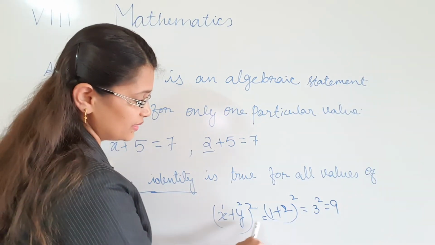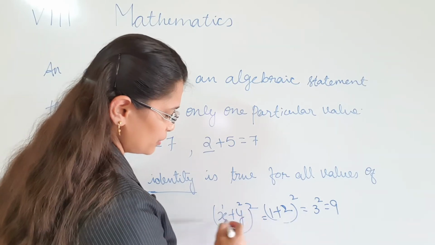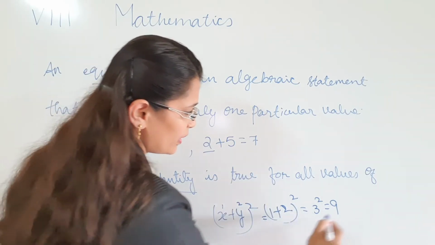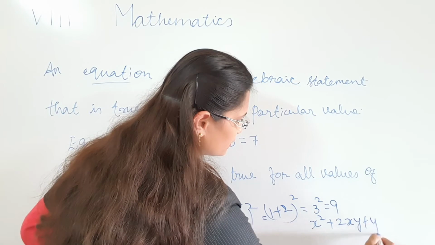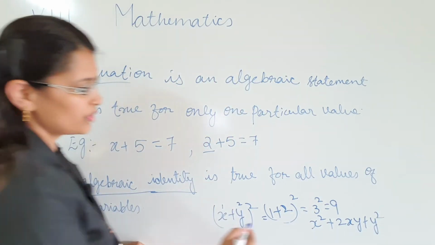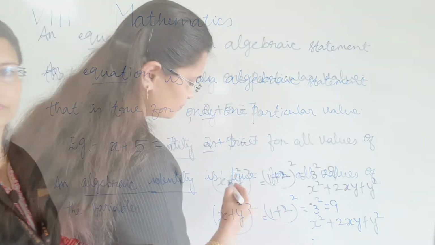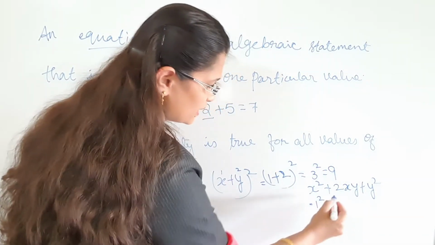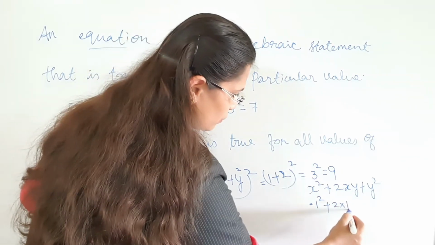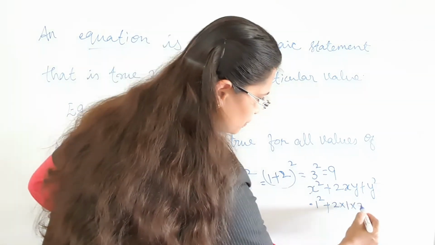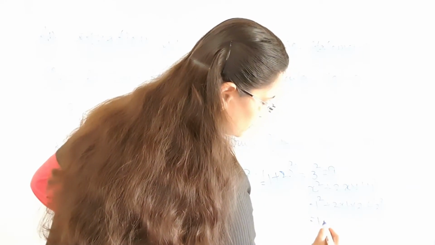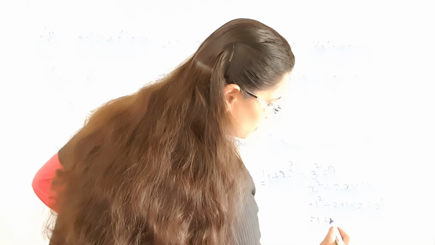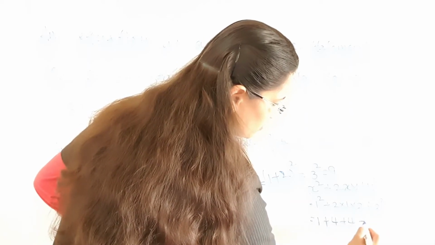Then how can you write this in identity? (a plus b) whole square or (x plus y) whole square is equal to x square plus 2xy plus y square, right, is equal to, what is x square here? x square is equal to 1 square, plus 2 into x is 1, y is 2, plus y square, that is 2 square. 1 square means 1, plus 2 into 1 into 2, 2 into 2 is 4, plus 2 square is 4, 4 plus 4 is 8, 8 plus 1 is 9.